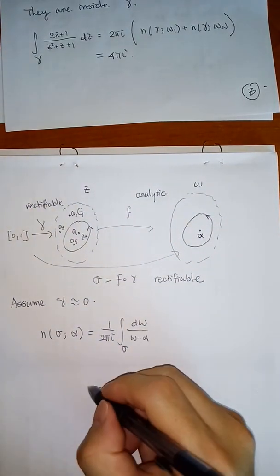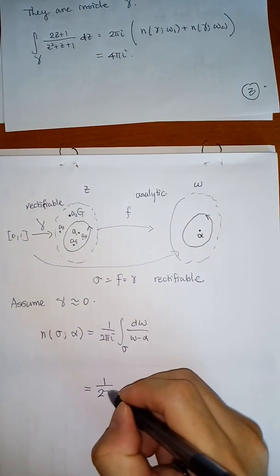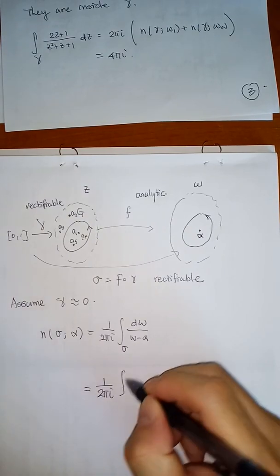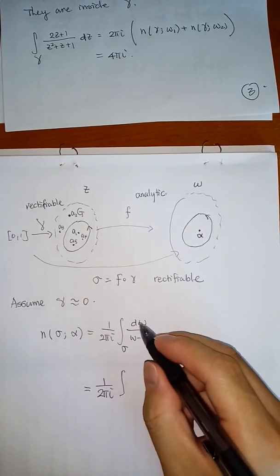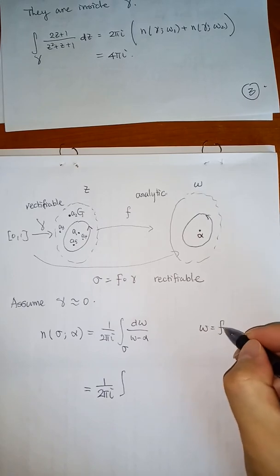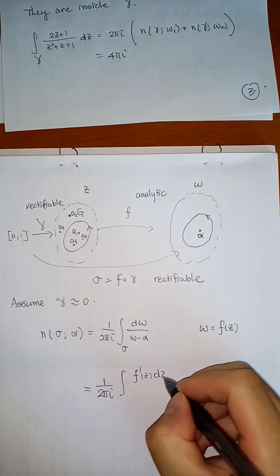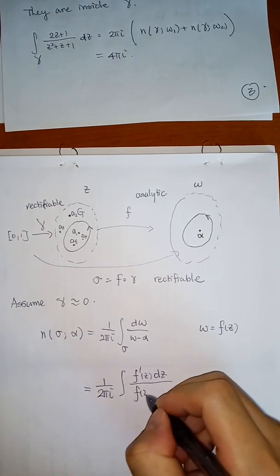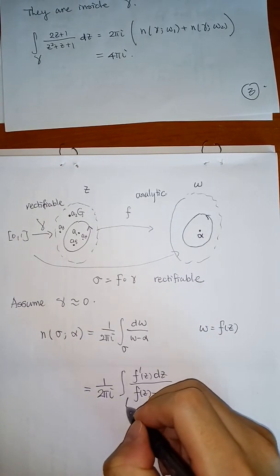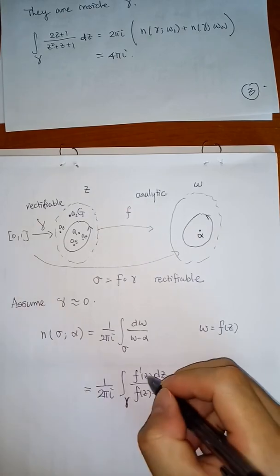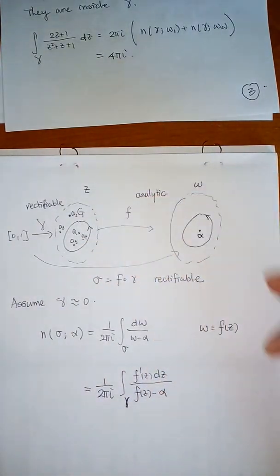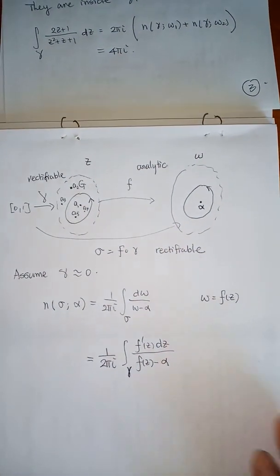With a little bit of computation, like the differential and so on, w is f of z, so it's the integral of f prime of z dz over f of z minus alpha. When we talk about z, it is over the domain, so it's along gamma.